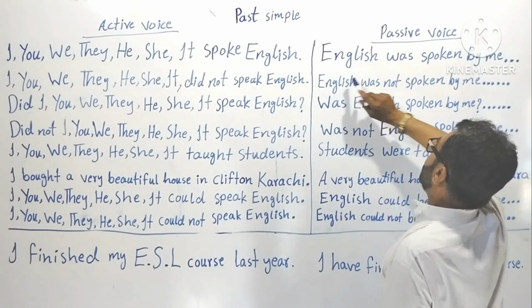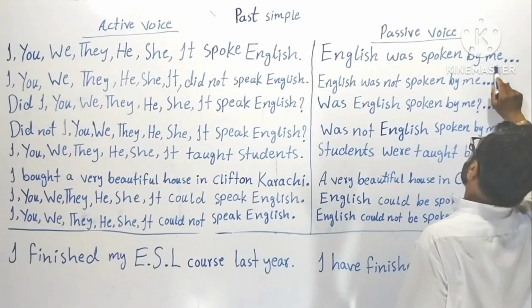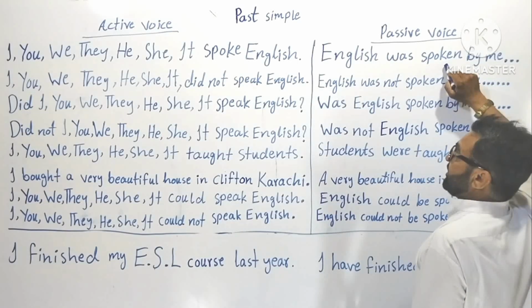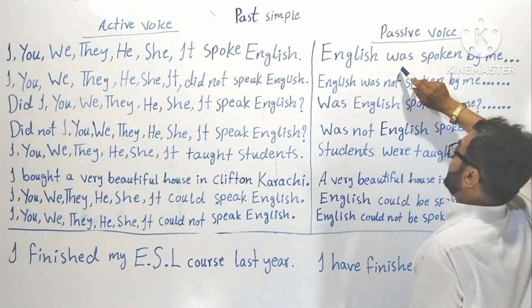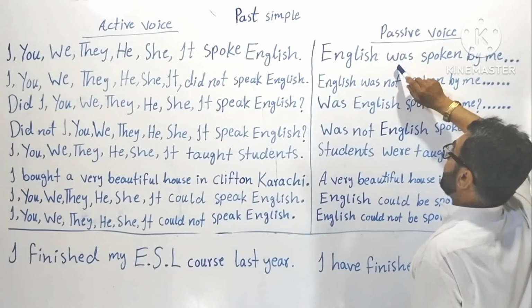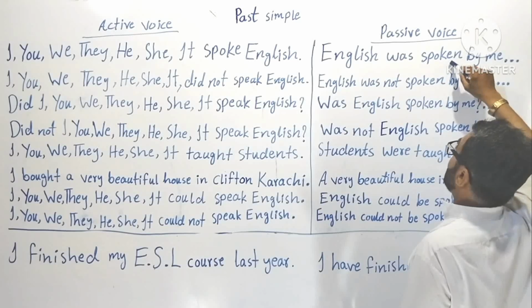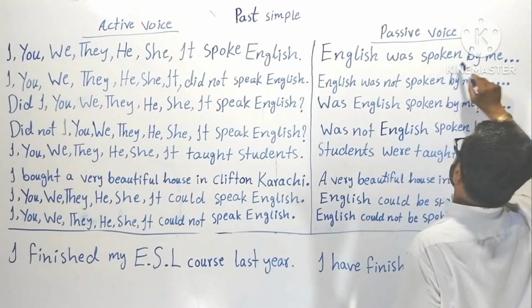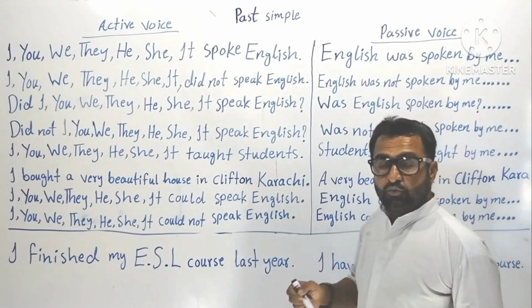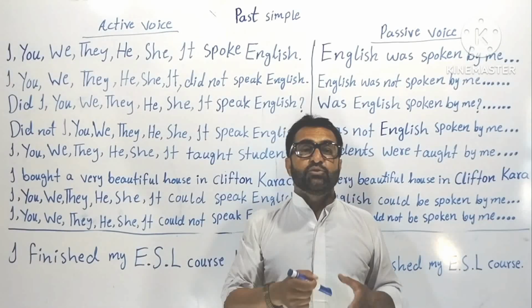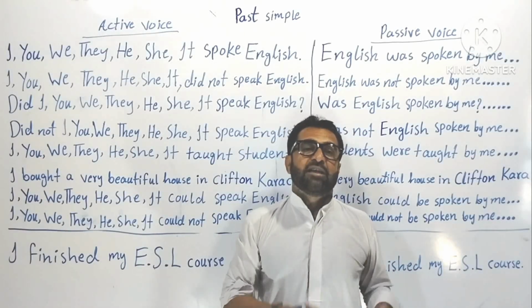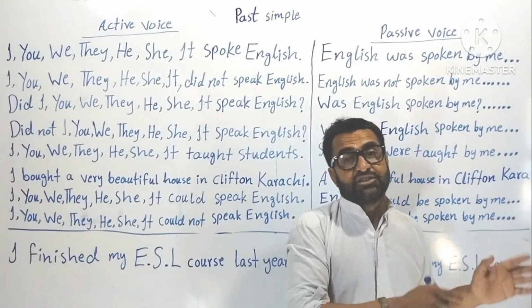You see, English was spoken by me. I told you that the third form of the verb is used anyhow. Now leave this was verb. I was not talking about these. These are helping verbs. I was talking about the main verb. You see the main verb. English was spoken by me, by you, by us, by them, by him, by her, by it, by any, etc.